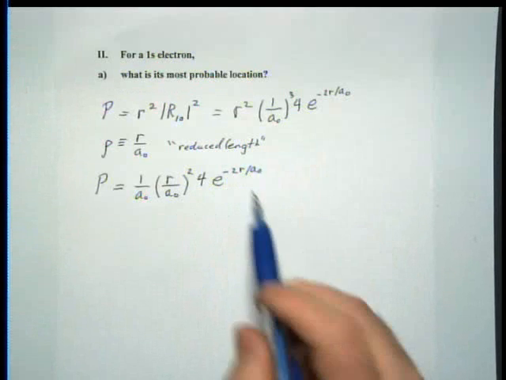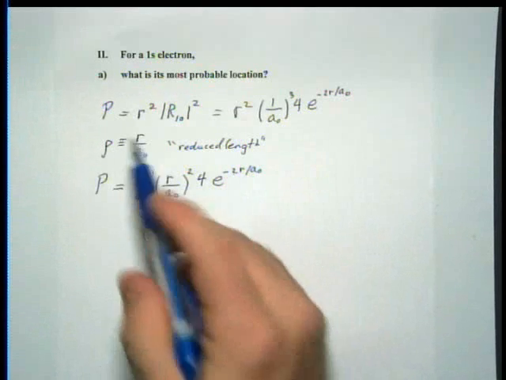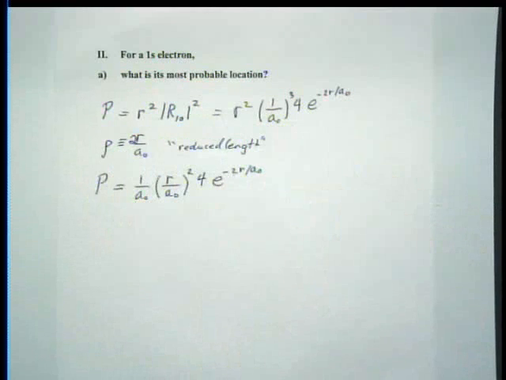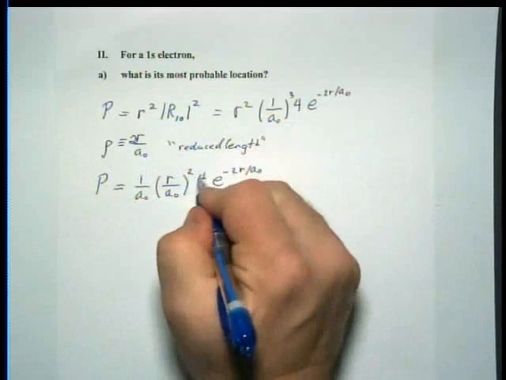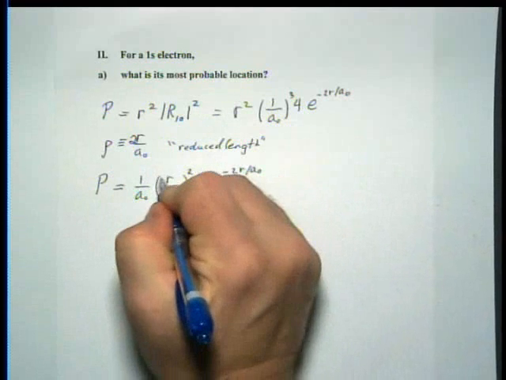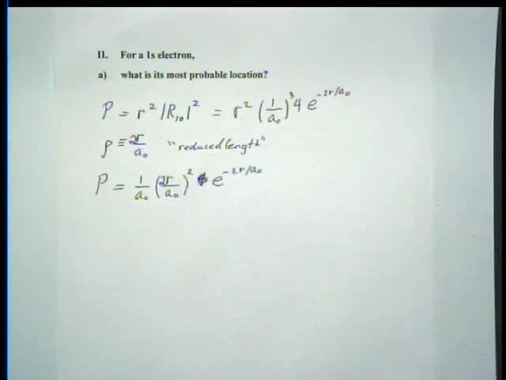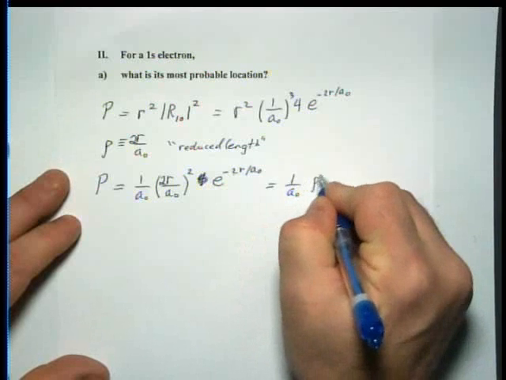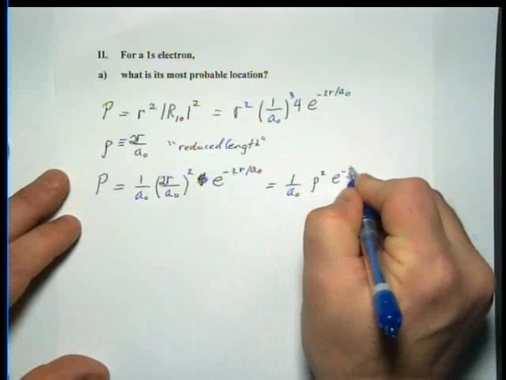And actually, heck, I see a 2 up there. I'm just going to make this 2 here, I'm going to make it that instead. So if I do that, I can just take this guy out and put him in here. Just algebra. So that's 1 over a naught, that's rho squared, that's e to the minus 2 rho.